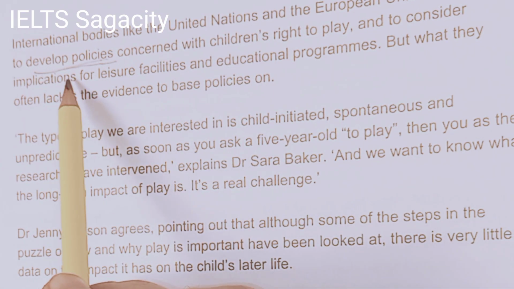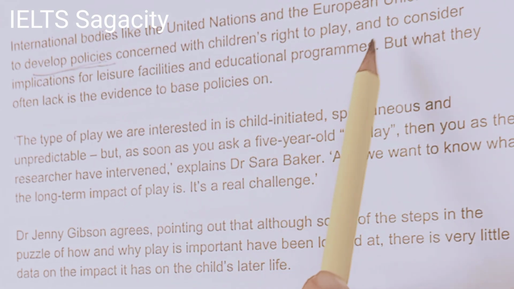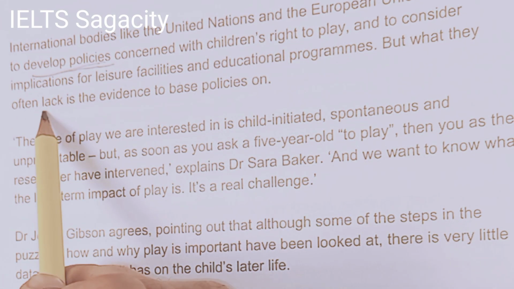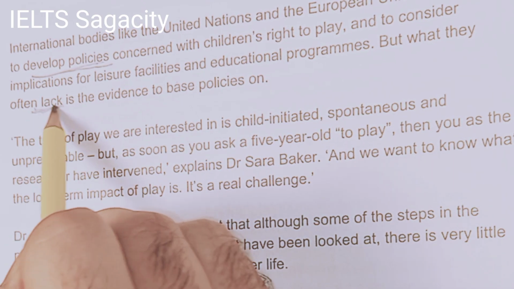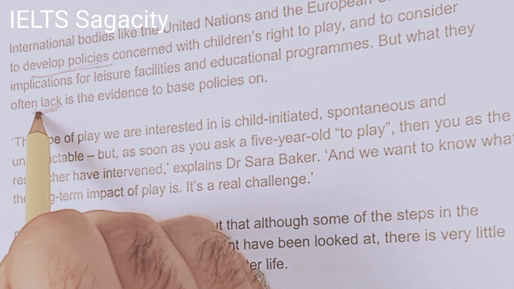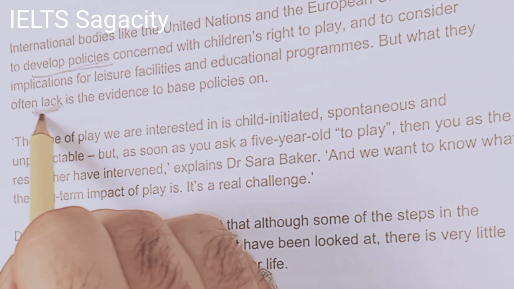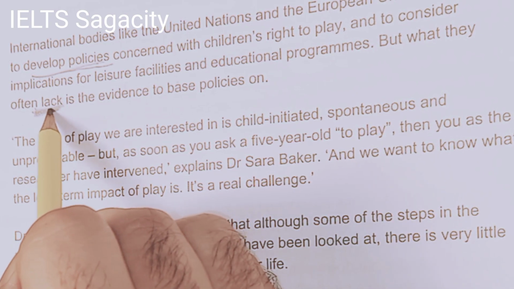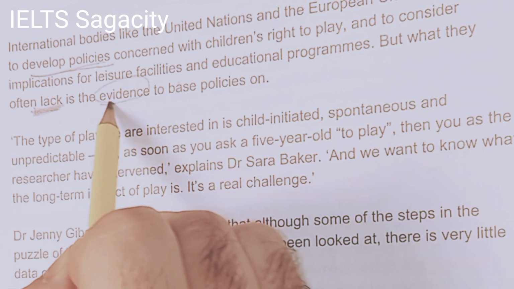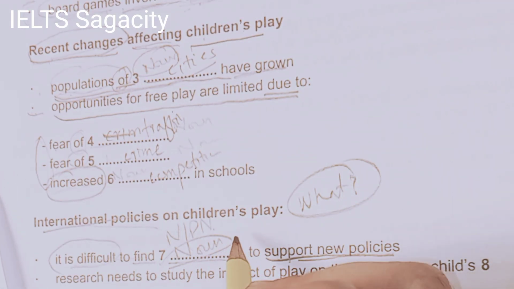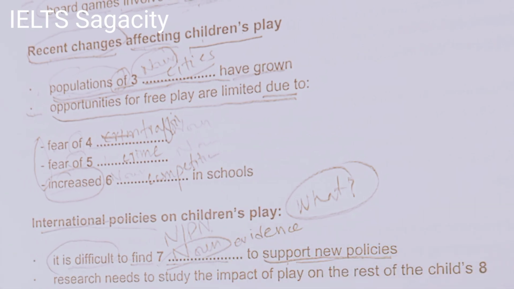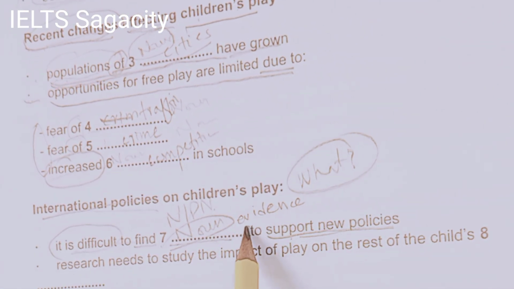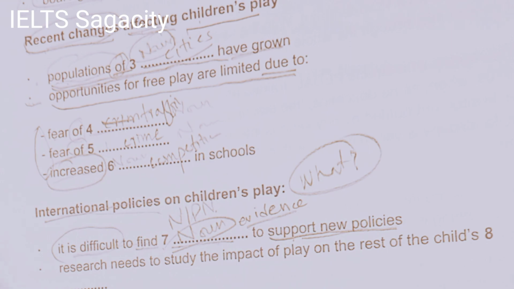Children's right to play and to consider implications for leisure facilities, and so on. But what they often lack is the evidence to base policies on. So what they lack, what is very rare, what is difficult to find, what is difficult to discover, is the evidence. So evidence is also a noun, an abstract noun, of course. So it has to be the answer. So answer to question number 7 is evidence.